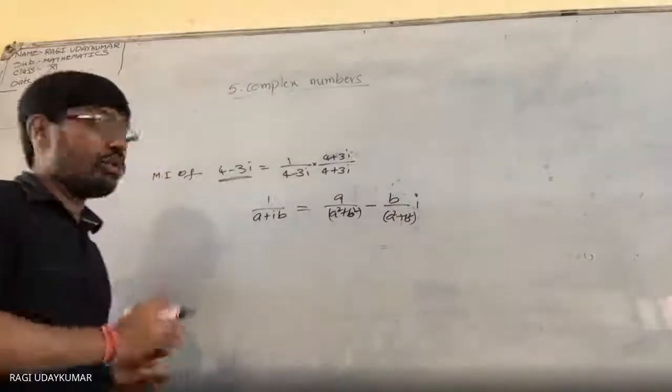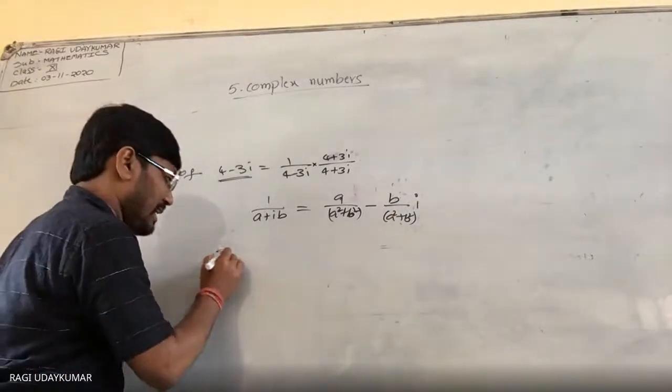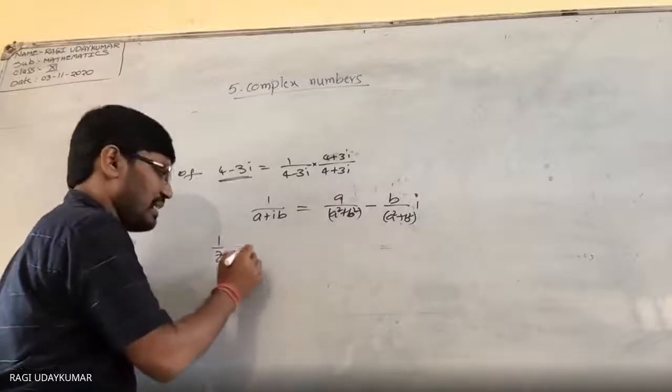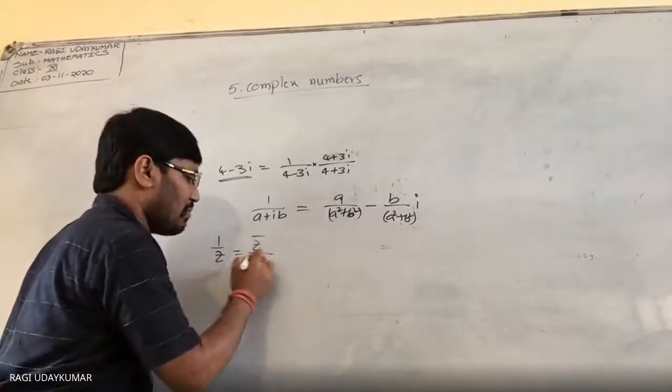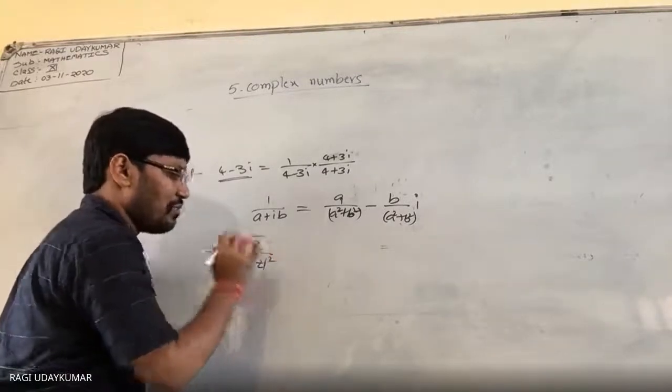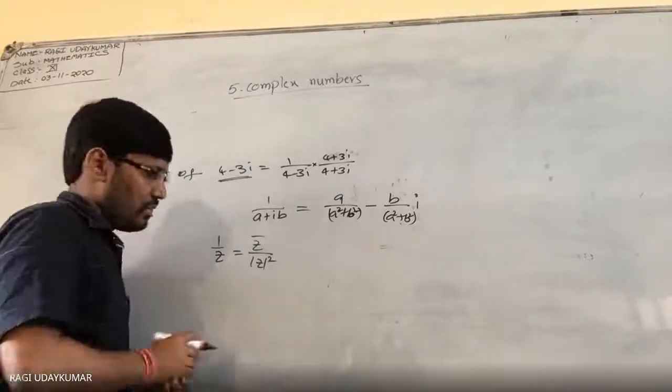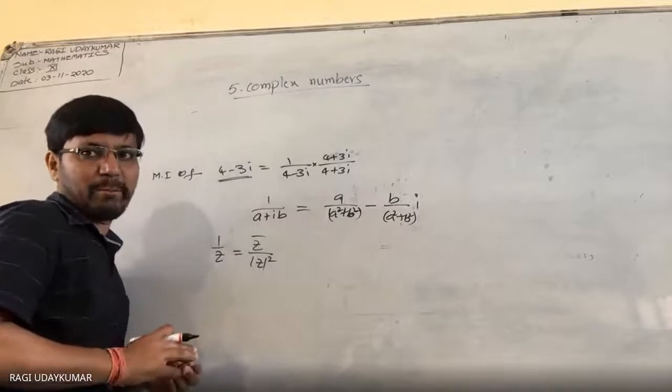Oh, sorry, I told you in the starting that the multiplicative inverse 1 by z is equal to z bar by modulus of z square. Sorry, a small correction here.